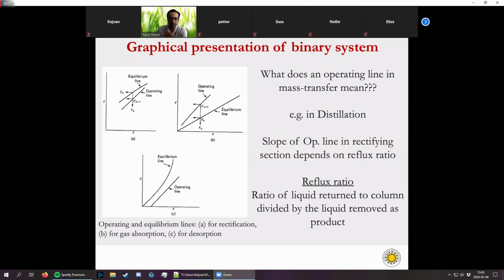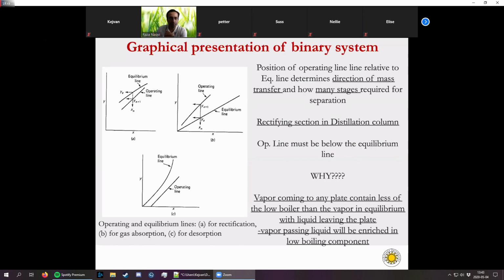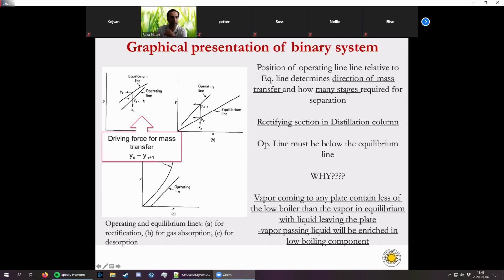So the vapor coming to any plate contains a lower concentration of the more volatile component as compared to the equilibrium. If you look at the driving force for mass transfer in the rectifying section, the mole fraction of the vapor phase will be lesser than the mole fraction at equilibrium. So the driving force will be ye minus yn plus 1.